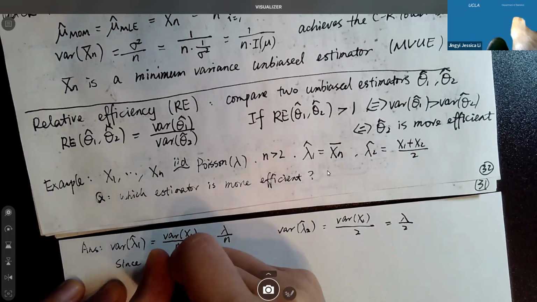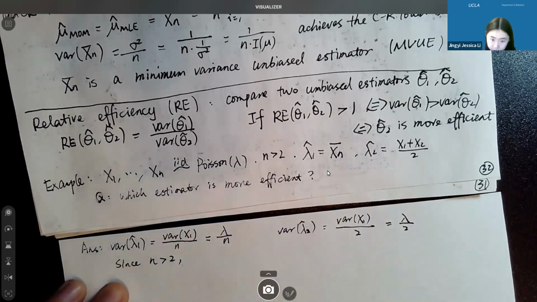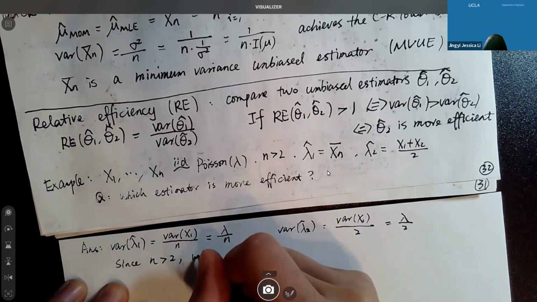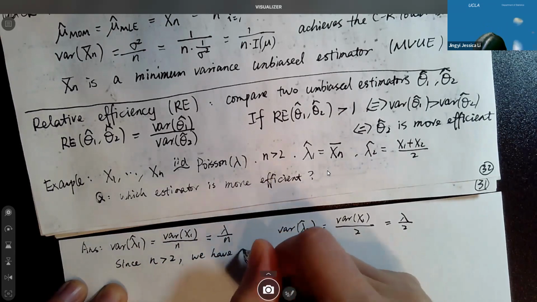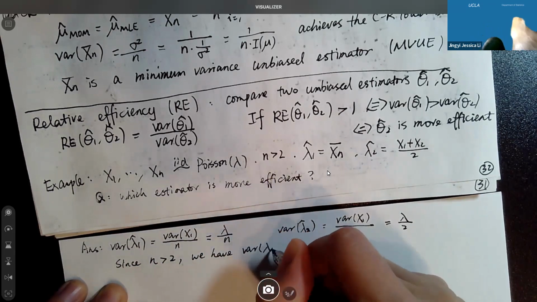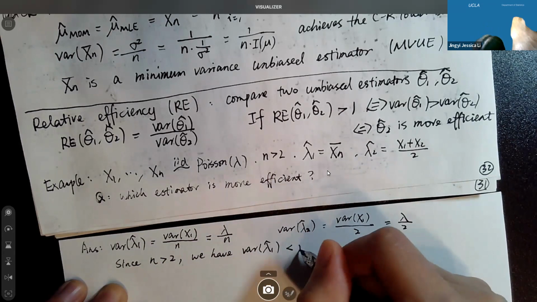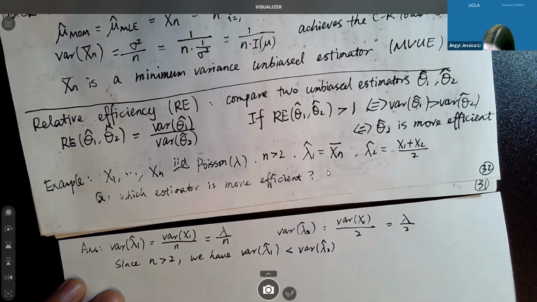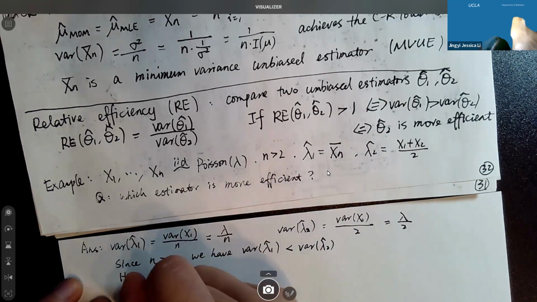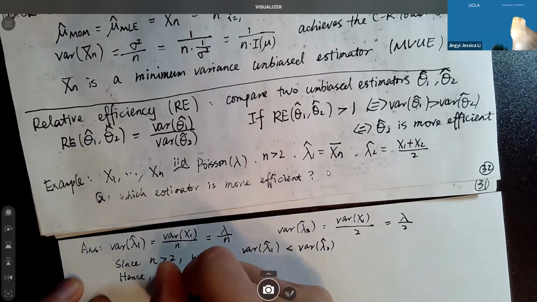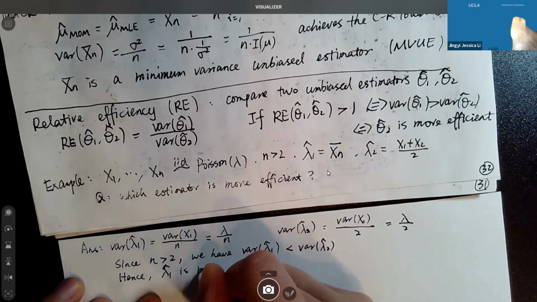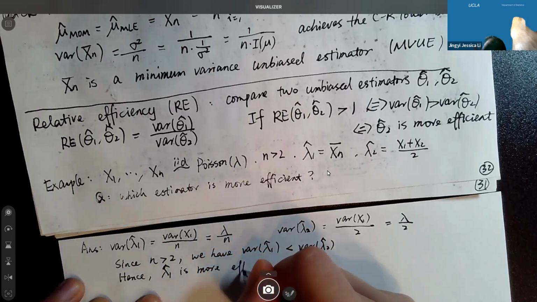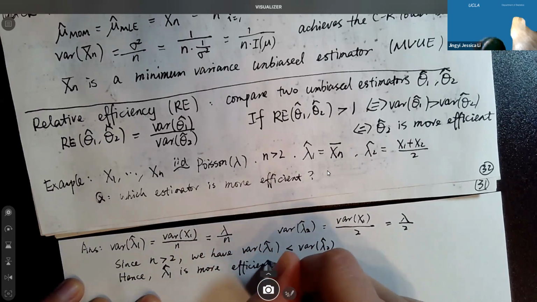Since n is greater than 2, we have the variance of lambda 1 hat less than the variance of lambda 2 hat. Okay, so hence lambda 1 hat is more efficient because it has the smaller variance.